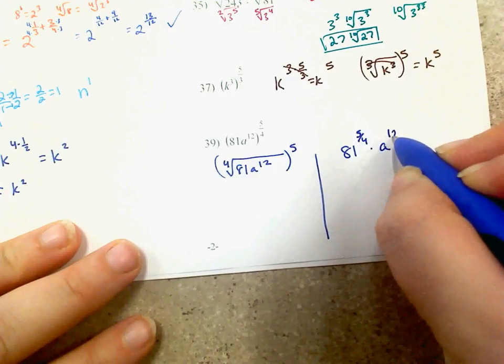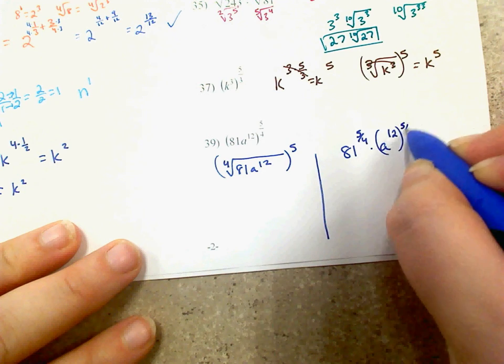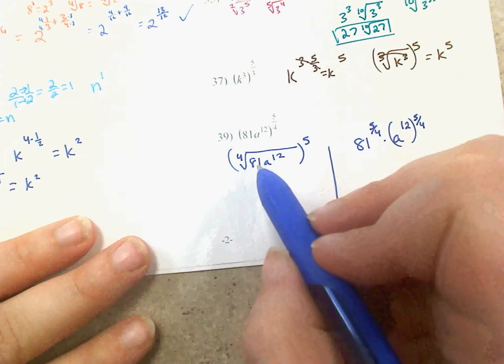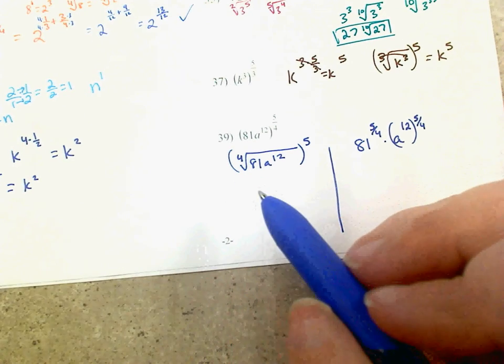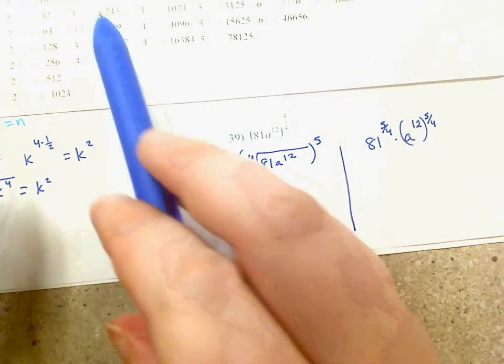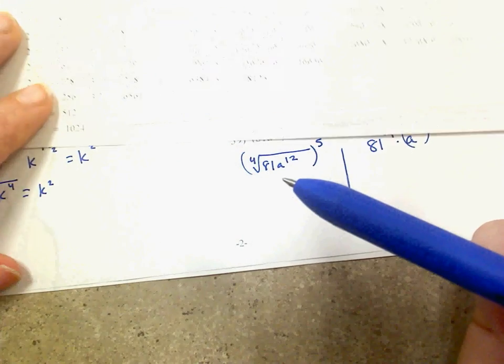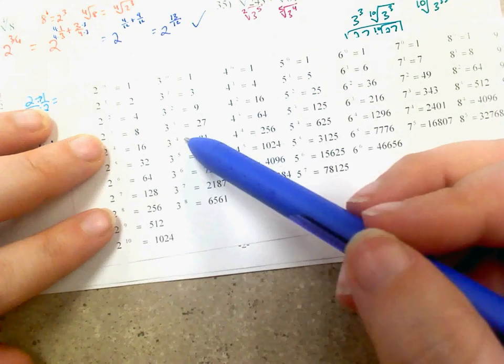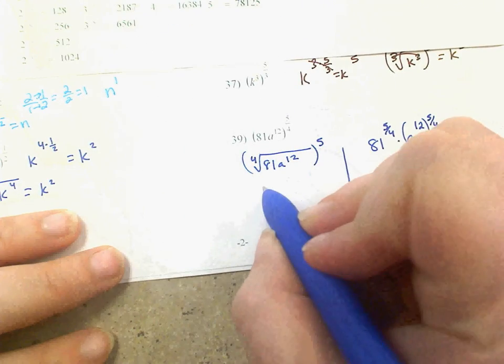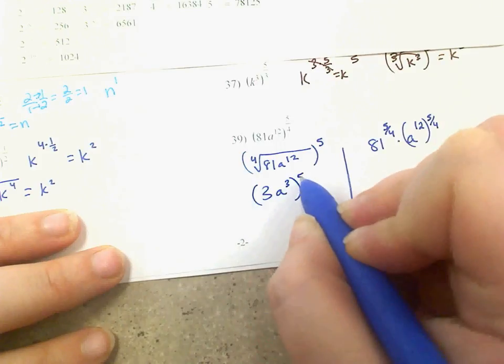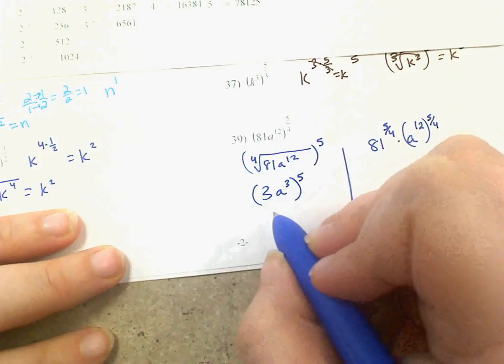So I'm going to work it this way, and then we'll talk about that. The 4th root of 81, looking at my power chart, 3 to the 4th is 81, so the 4th root of 81 is 3. Okay, so that is 3. 4 goes into 12 3 times, so it's 3a cubed to the 5th power, which means 3 to the 5th power, which my power chart tells me is 243.